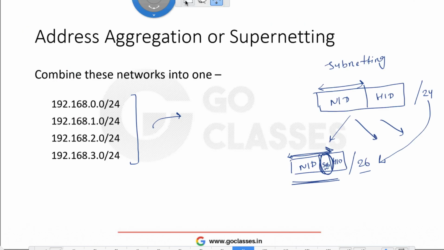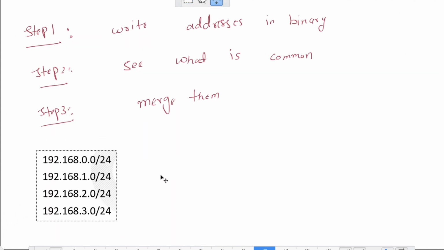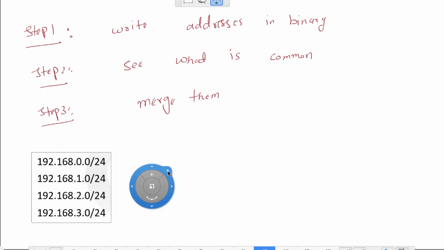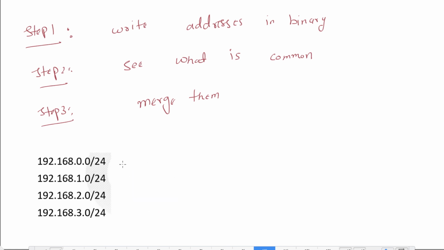Let me copy this to the next page and then I will tell you how we are going to merge these networks. Suppose I want to merge these 4 networks. Step 1 says write everything in binary. I'm not going to write everything, because 192 and 168 is common to everything, so I'm not going to write it in binary. I'm just going to write the parts which are not common, at least in decimal.